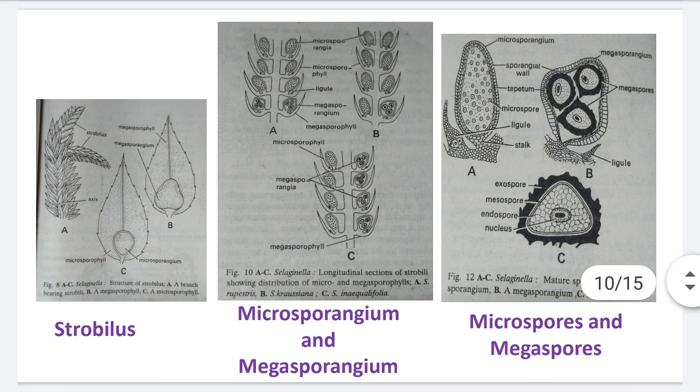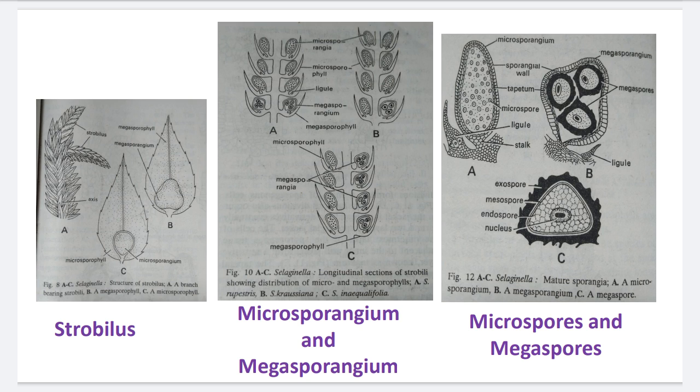Now you see, these diagrams or photographs show the strobilus, microsporangium, megasporangium, then microspores and megaspores. In the first photograph, diagram A is there.